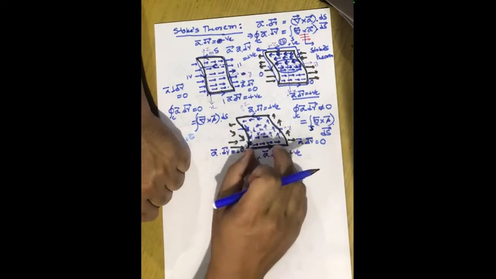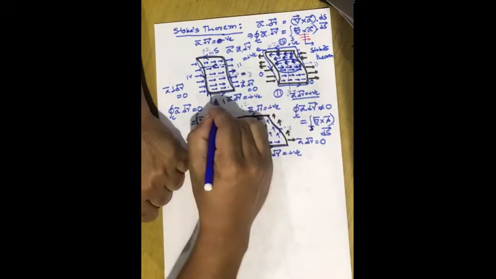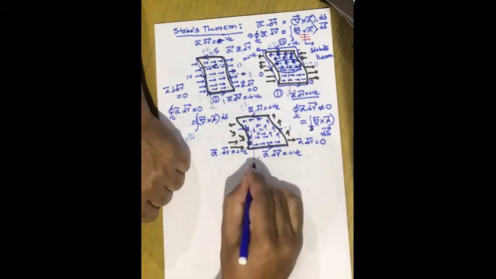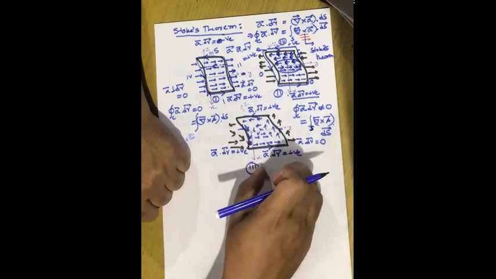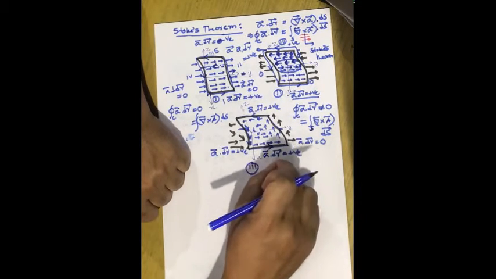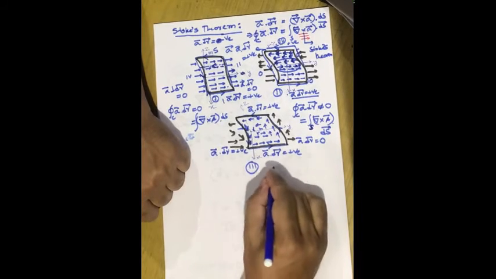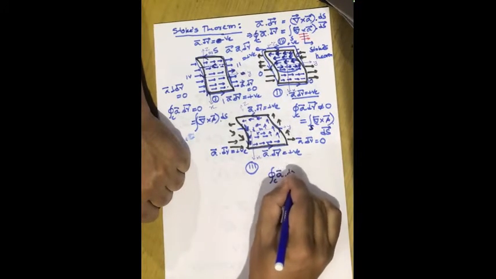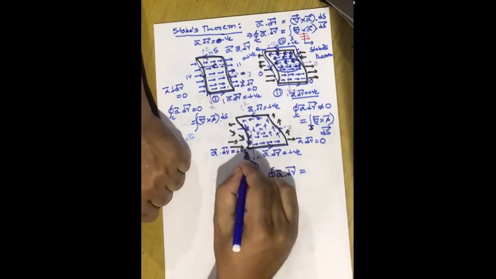So among these three scenarios, this is scenario 1, this is scenario 2, this is scenario 3. If we compare 1, 2 and 3, we can say that vector field 3 has the maximum amount of curl because the value of the line integral A dot dr is maximum for this surface which is bounded by this closed loop.